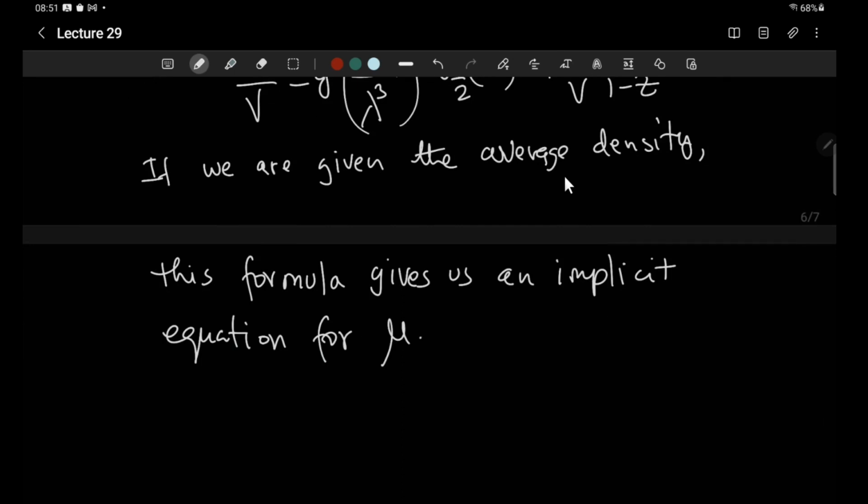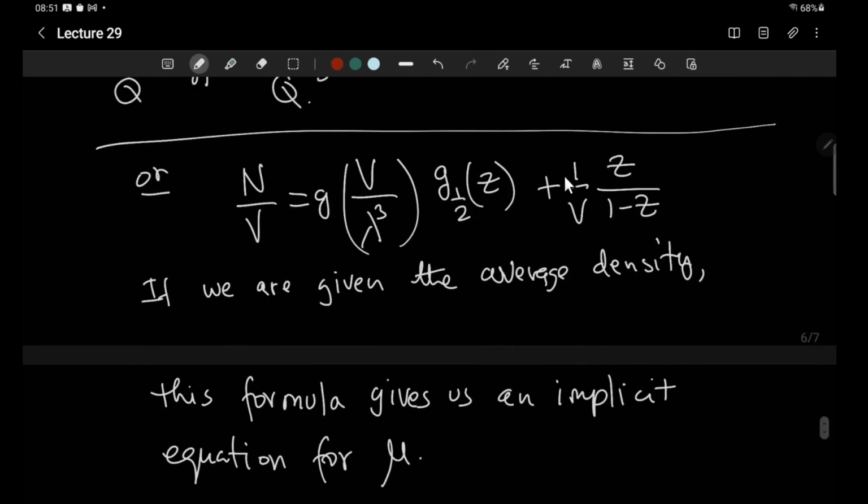So you have to solve this equation, and then you get the answer. Then you have to check if mu is negative, then you're okay.